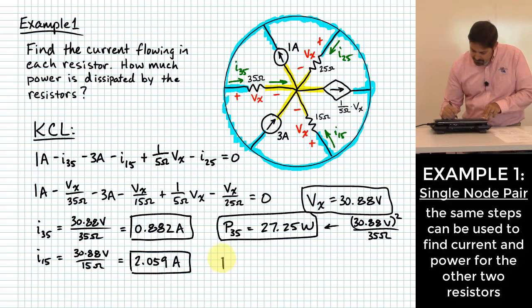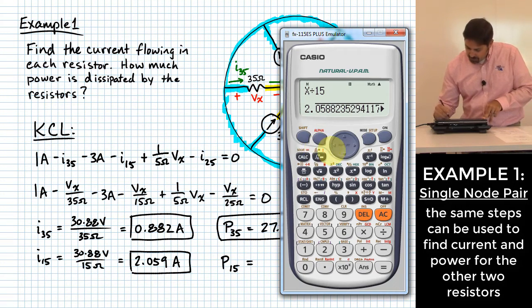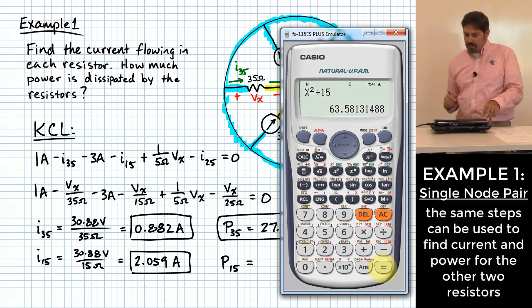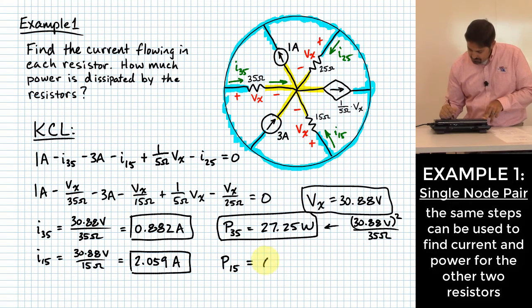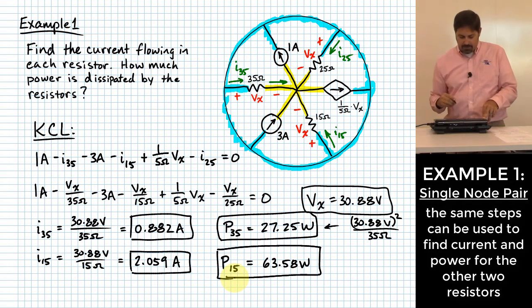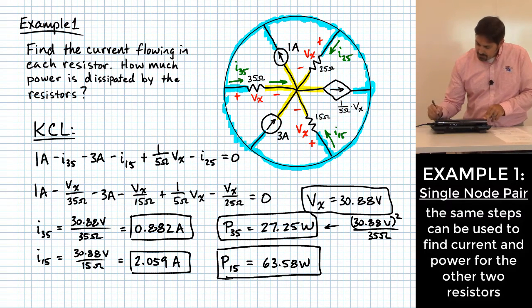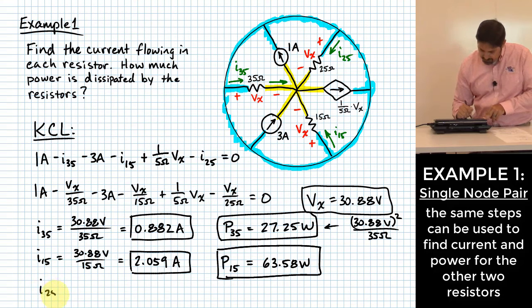Now what about P15? Again, we can use that V squared over R. All I have to do is go in here and square that x, and that will get me 63.58, and that will be in watts. Now what about my last one, I-25?